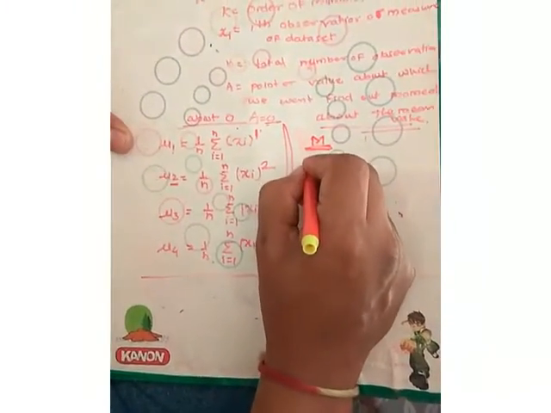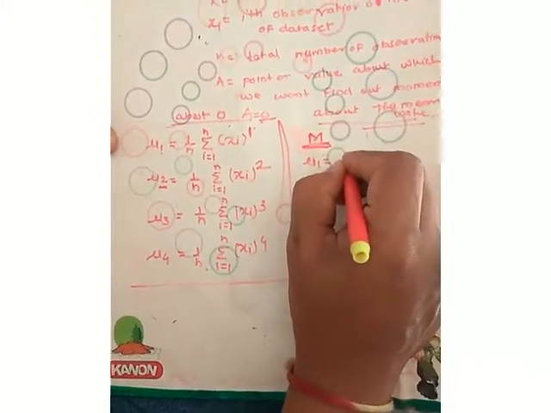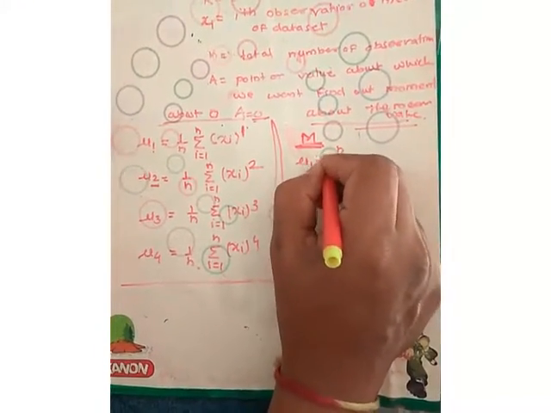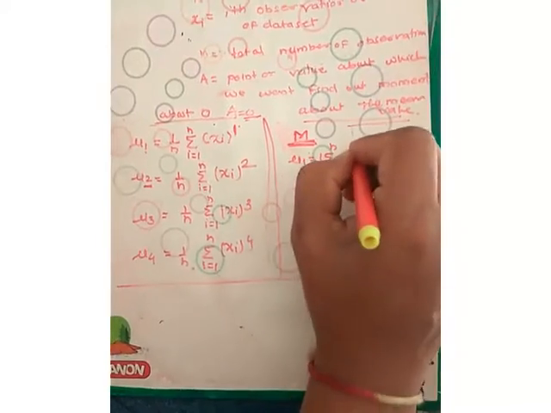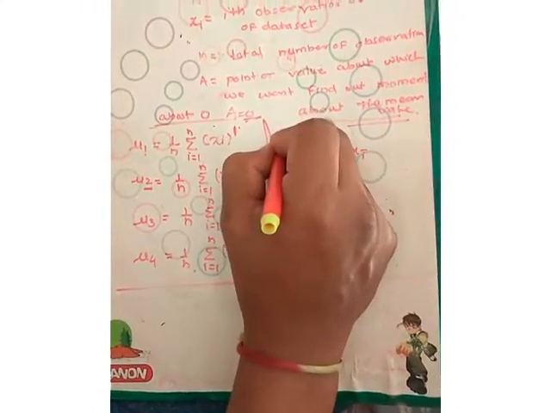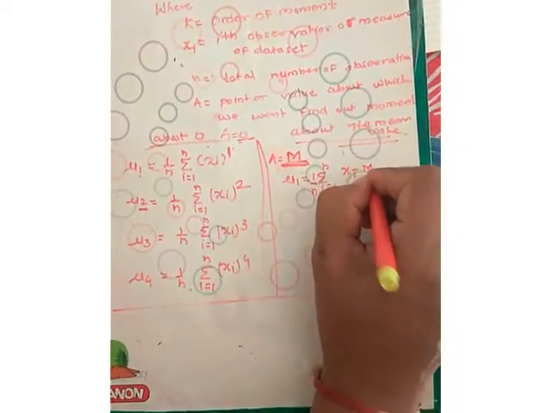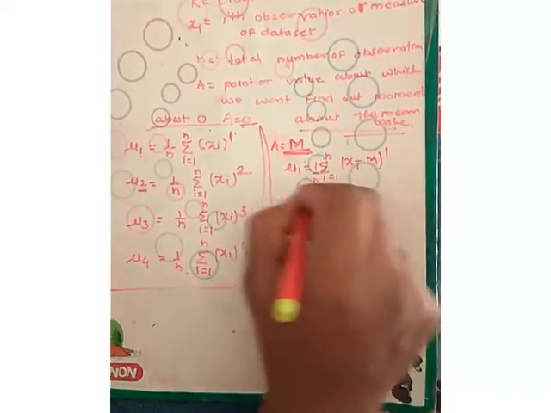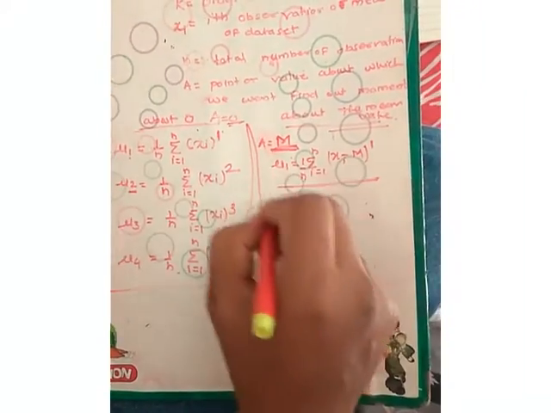For the first moment, it becomes the summation of i from 1 to n of xi, where n is the number of observations. Now the a becomes m, so I am writing m raised to the power of the first order, 1. So this is my first formula, the first moment about the mean of a data set.